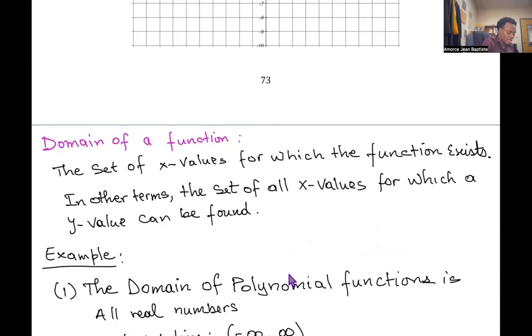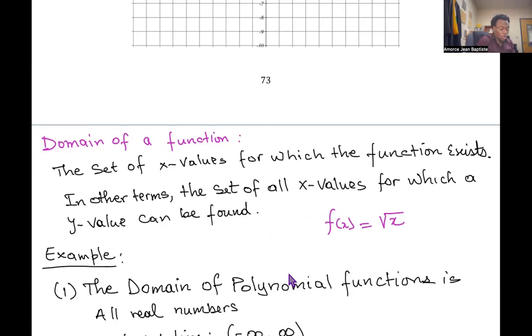But say that you take that function, f of x equals the square root of x. Well, we need to remember in the set of real numbers, you can only take the square root of numbers that are positive. If the number is not positive, the square root will not be a real number. It will be a complex number.